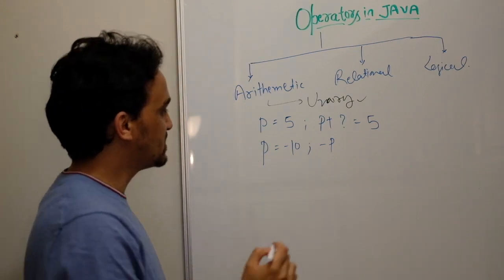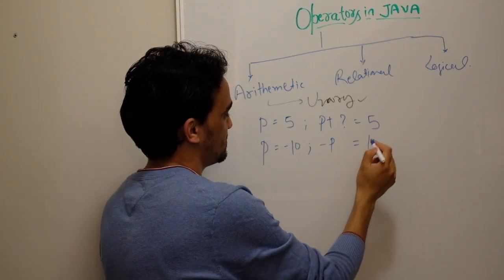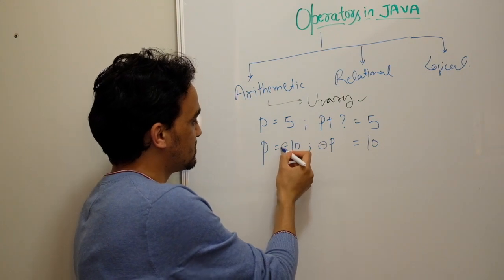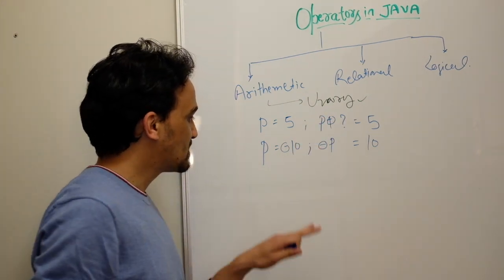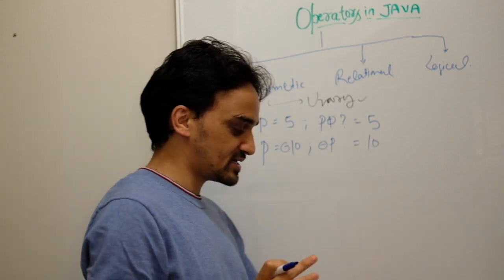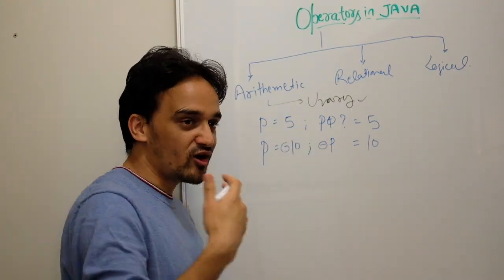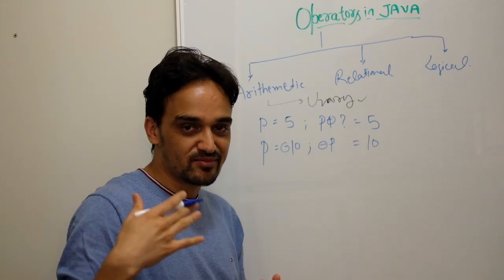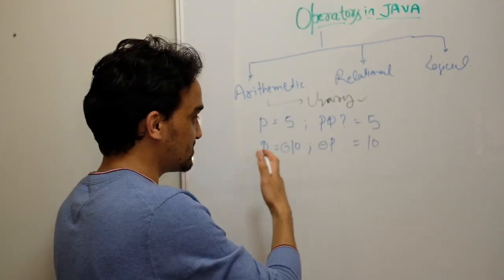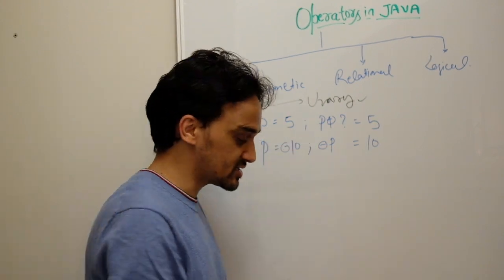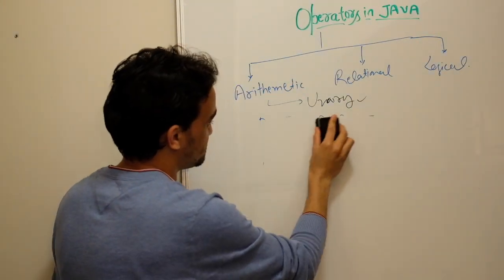Minus p will be nothing but 10. Right now I am just using the single operator here. A single operator is not that important, but when it comes to increment and decrement, plus plus and minus minus, then these operands and operators become really interesting. So let's talk about them.